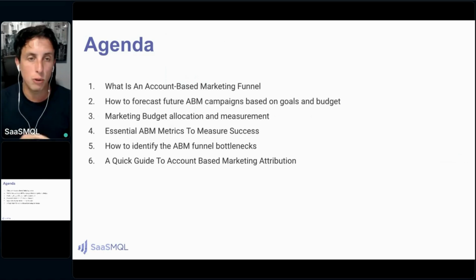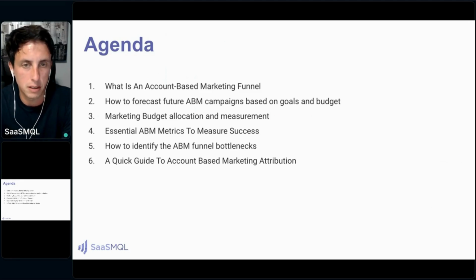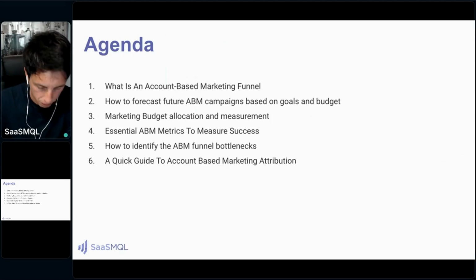How do we track the important KPIs to measure the success of the campaigns? And how can we identify the funnel bottlenecks in our ABM program? And then at the end, we're going to touch briefly on account-based marketing attribution, even though we're going to talk about that topic later in future webinars as well.